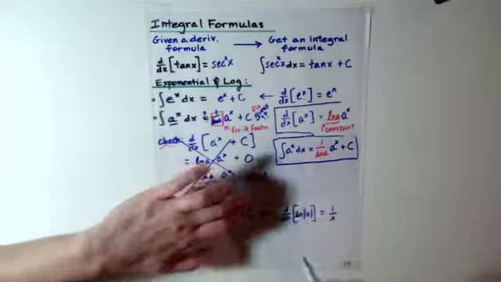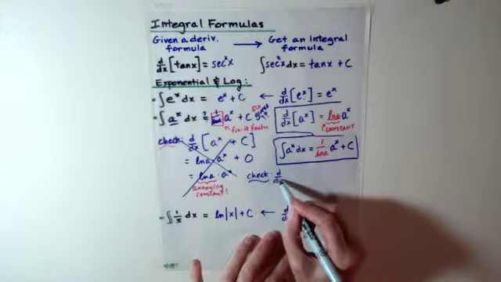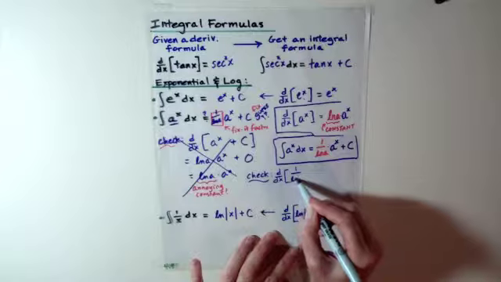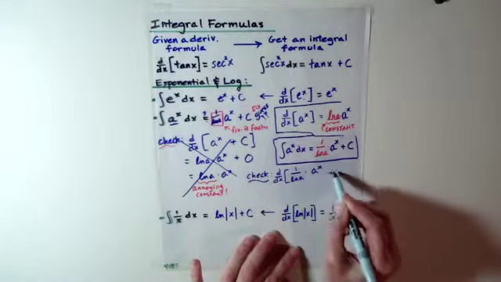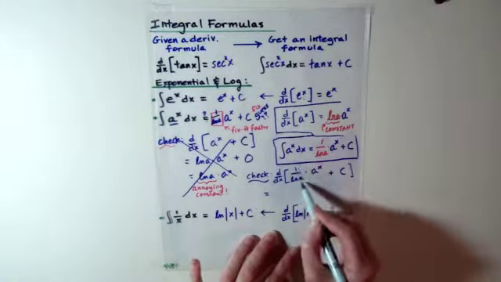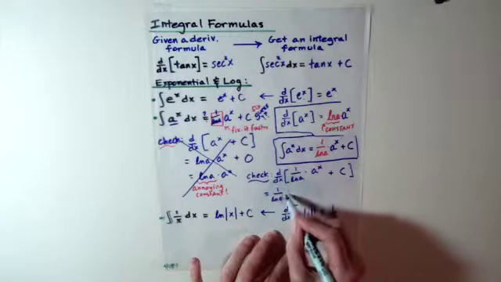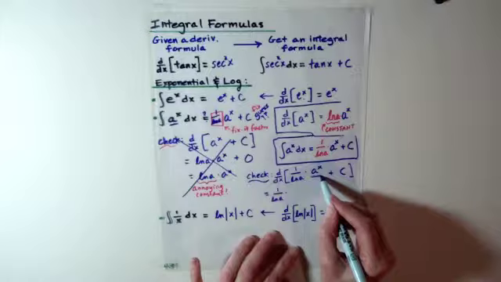all I would have to do is go ahead and take the derivative of what I'm claiming is the answer. So I'm taking the derivative of 1 over ln of a, that constant, times a to the x plus c. And remember that this constant multiple just gets carried along, 1 over ln of a times, and I find the derivative of a to the x.